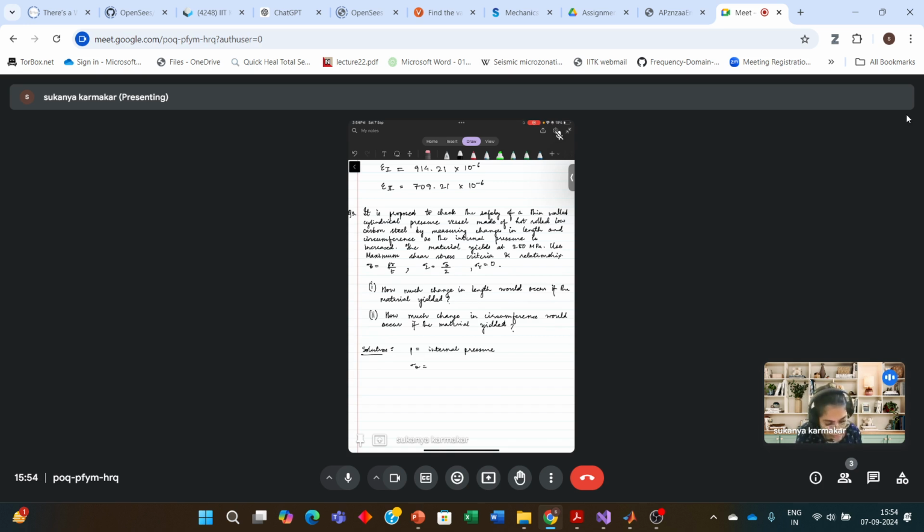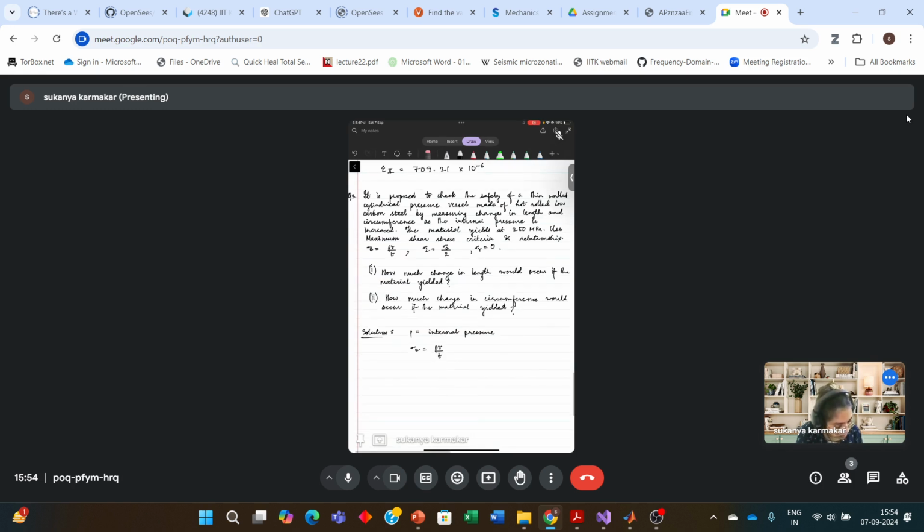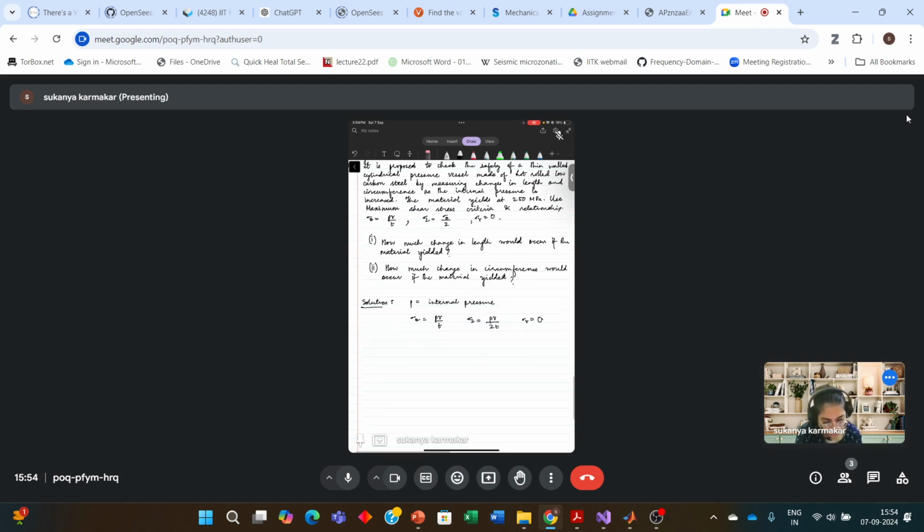Sigma theta is equal to PR by T. Sigma Z is equal to sigma theta by 2, which is PR by 2T, and sigma R is equal to 0. Now we have to use the maximum shear stress criteria.